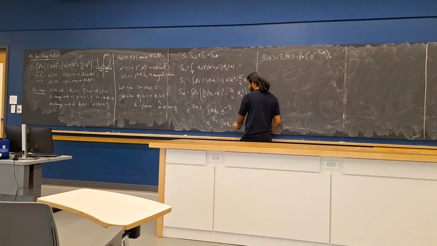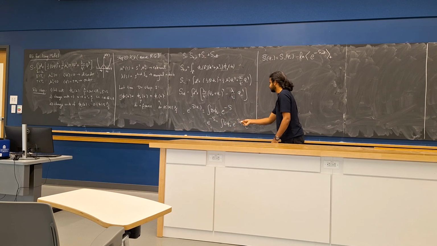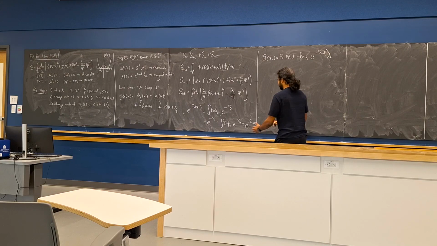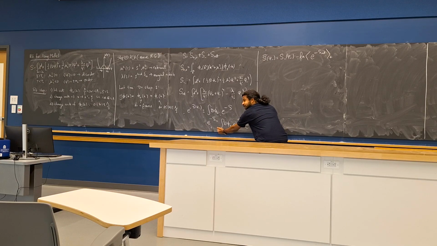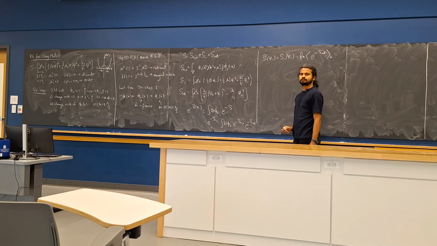S minus just comes out because it doesn't have any pluses, of course. And then what's left is integral d phi plus e to the S plus 0 S int. So this thing, if you remember, is just the expectation value of this operator with respect to this free action, right?